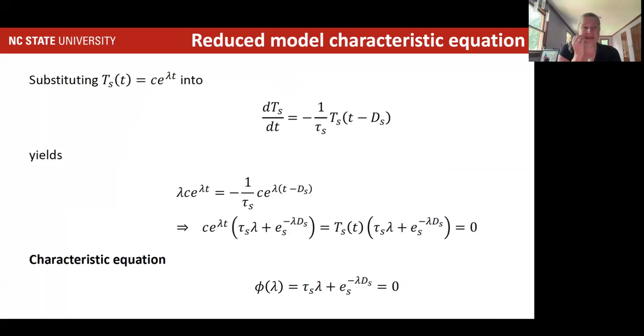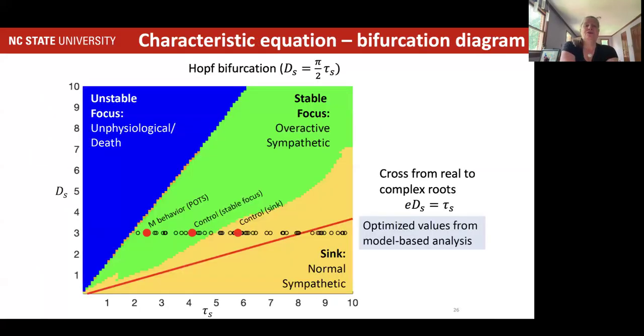And when we calculated that characteristic equation, we could study the dynamics response in the delay versus the time constant associated with the sympathetic system. And we found something really interesting: at some value of the delay, the system undergoes a Hopf bifurcation.